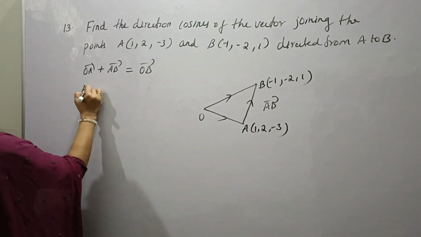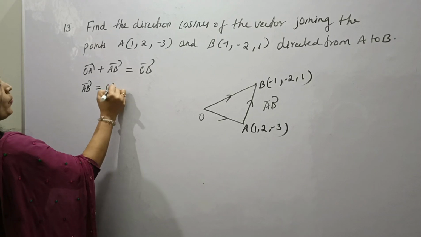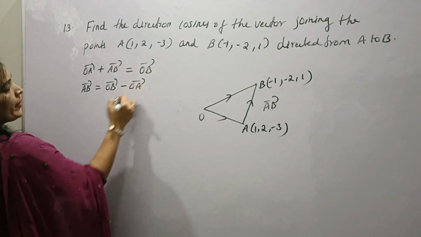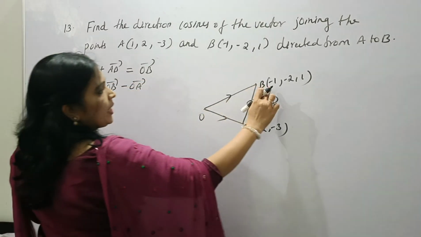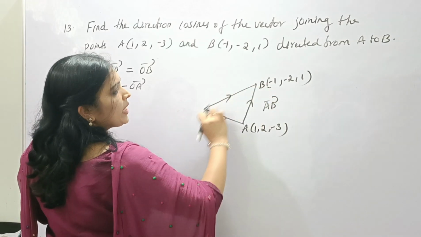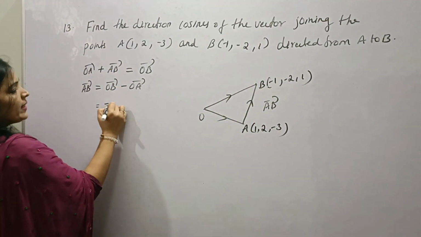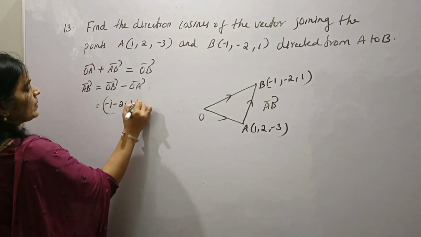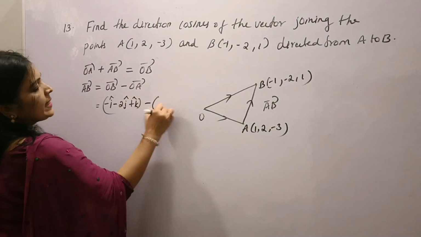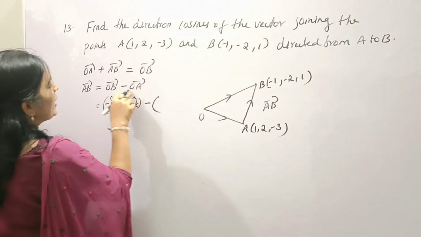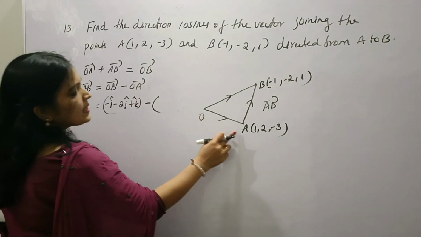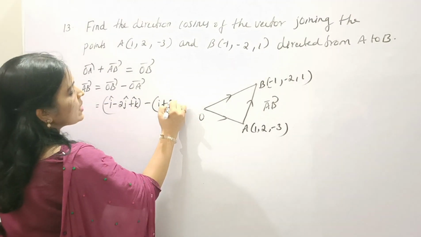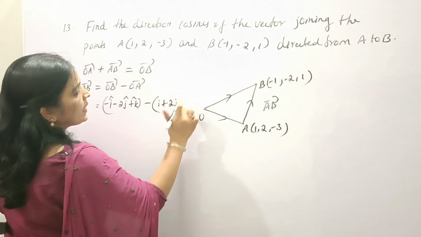So vector AB is equal to vector OB minus vector OA. Vector OB is minus i, minus 2j plus k, minus vector OA, that is i plus 2j minus 3k.